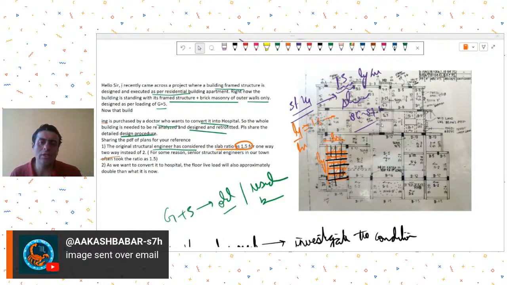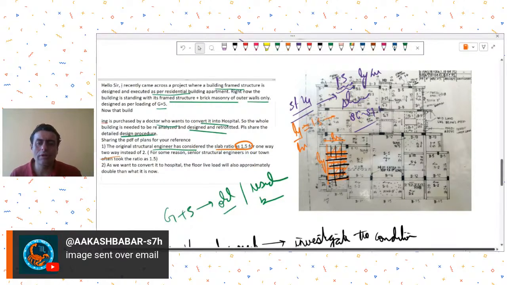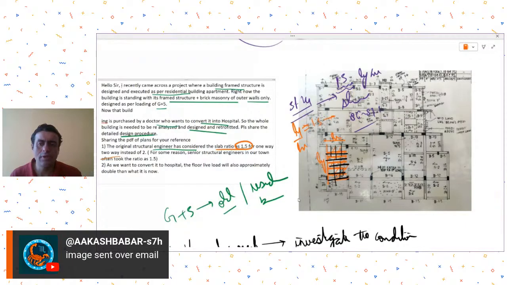If you check it, even for a live load of around 4 to 5 kilonewton per meter square, I think the slab will be okay.